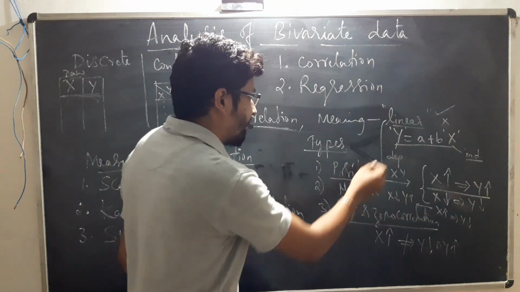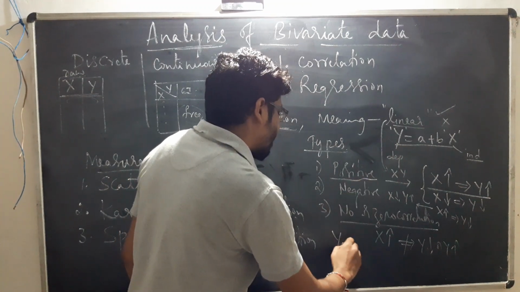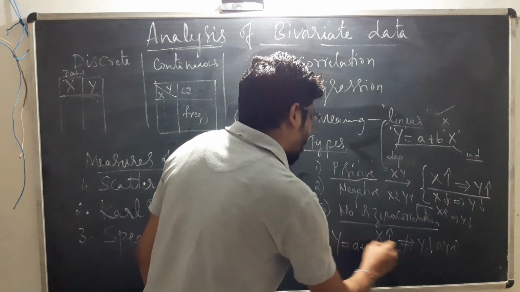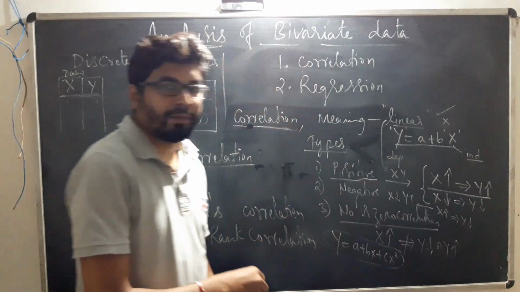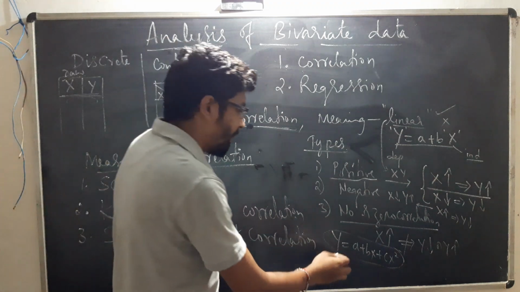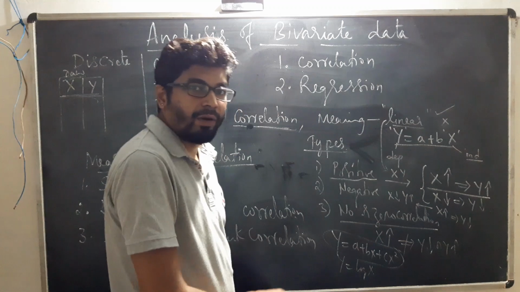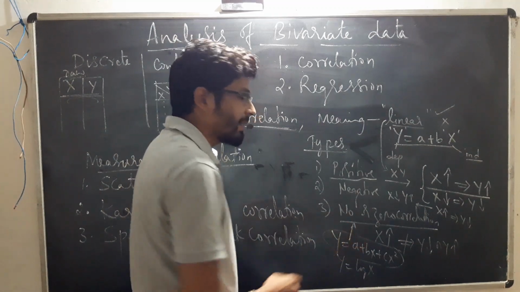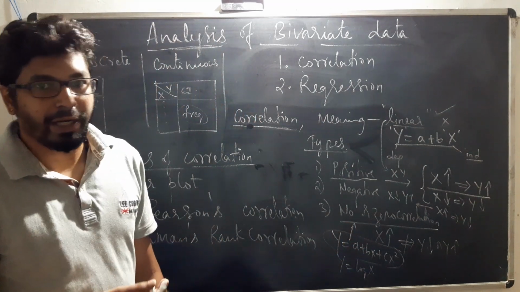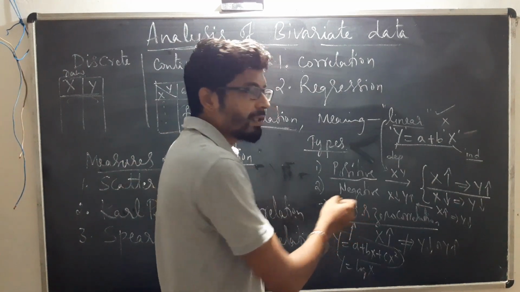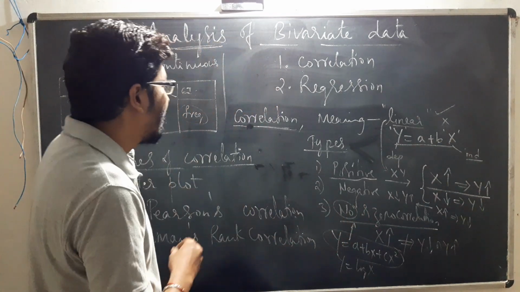Now sometimes x and y are not linearly related, but they are related in some other form, like a parabolic or quadratic relationship, a logarithmic relationship, an exponential relationship, and so on. In that case also we say x and y are not linearly correlated. Not linearly correlated is also said to be zero correlation or no correlation.